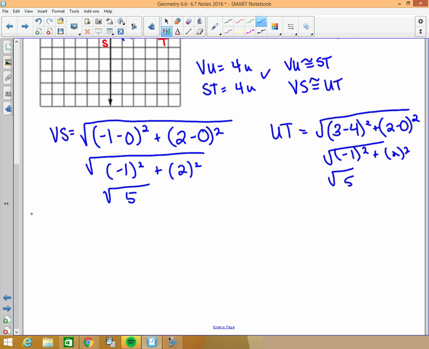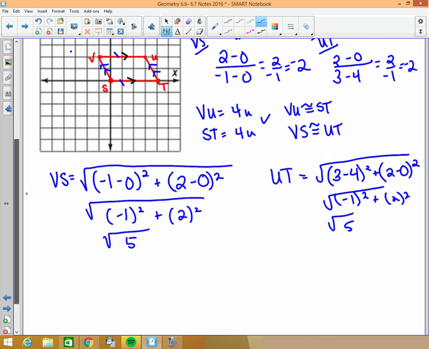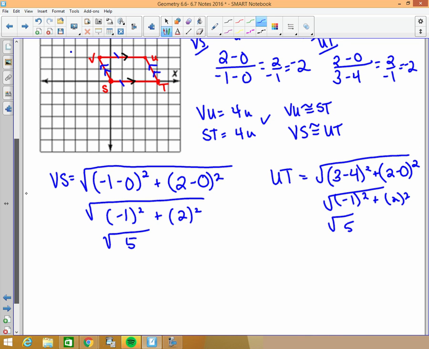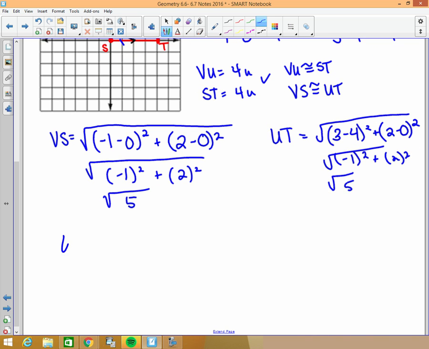will conclude with the figure, and what were the letters? UVST. UVST is what? A parallelogram. Because, why?